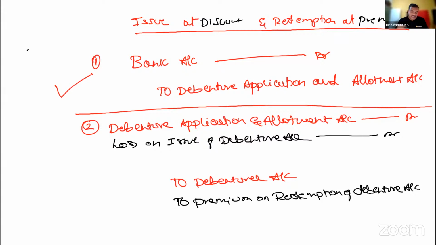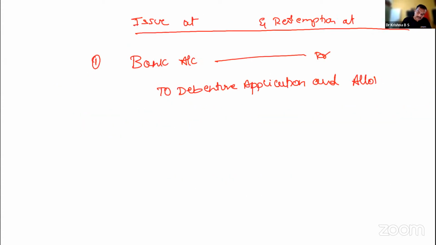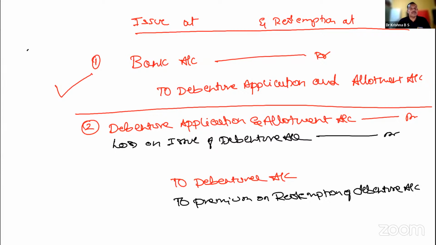Okay, let us go to the last but not the least, the sixth case. What is the sixth case about? Premium and premium. Here also the first entry is the same: bank account debited to debenture application and allotment account.